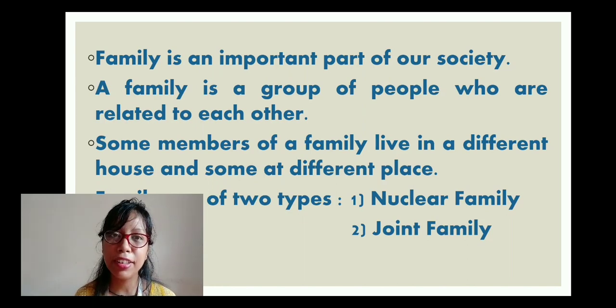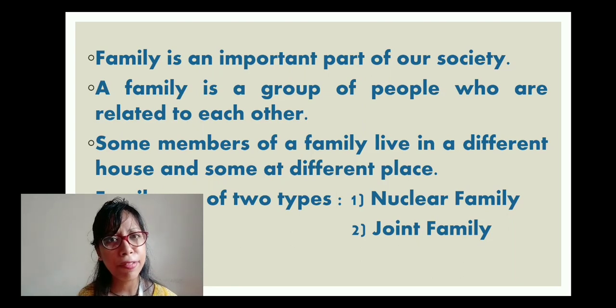Education is given in school, right? But all the other manners and good qualities that we inherit, we learn from our family. Even our mother tongue, we learn it from our family. That is why family is an important part of our society.